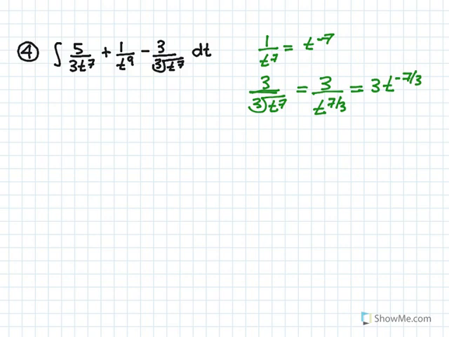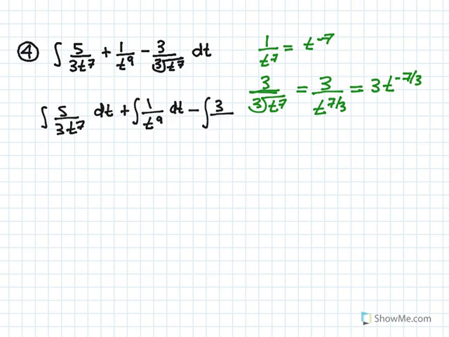All right, let's split up these integrals. So what we have is the integral of 5 over 3t to the 7 dt plus the integral of 1 over t to the 9 dt minus the integral of 3 over the third root of t to the 7 dt. So the constants pass through the integral.